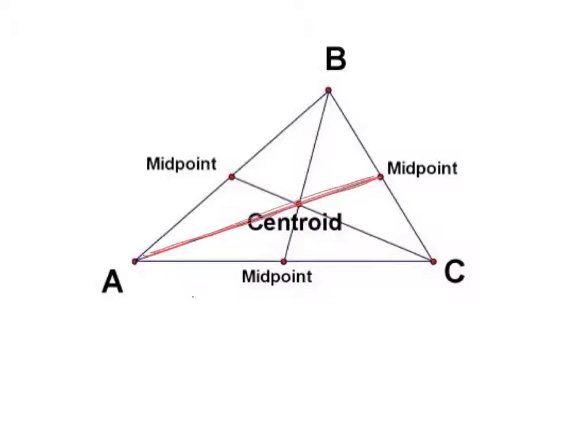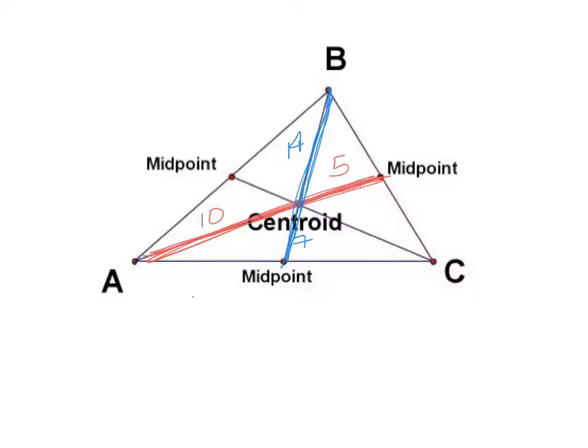If I look at this median right here, let's say I knew that this piece was 5, I would know that this piece was 10. So that's a ratio of 1 to 2. On this second median right here, let's say I knew that the larger piece was 14, then I would know that the smaller piece was 7. Again, a ratio of 1 to 2.